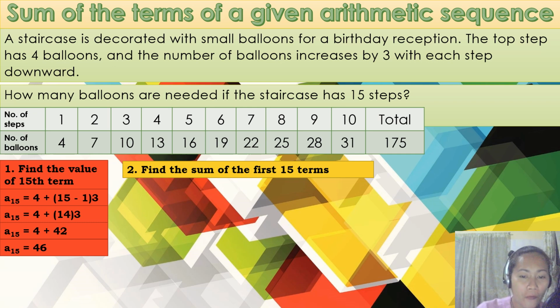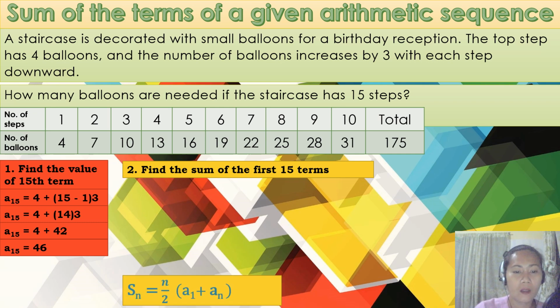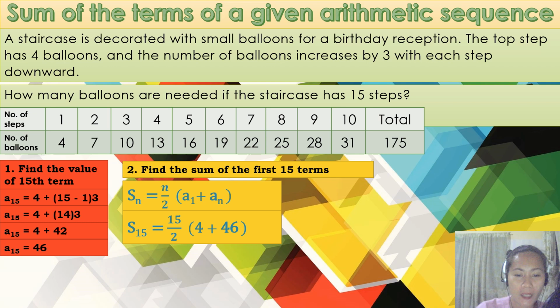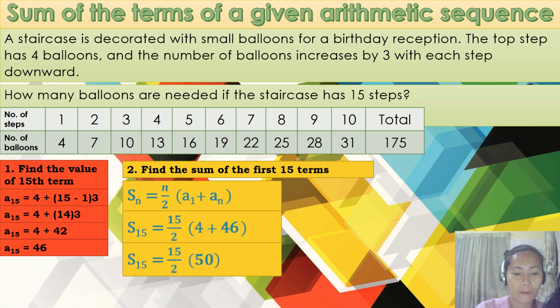And then, find the sum of the first 15 terms. By using the formula, S sub n equals n over 2 times the quantity of a sub 1 plus a sub n, we substitute and simplify. S sub 15 equals 15 over 2 times 4 plus 46.